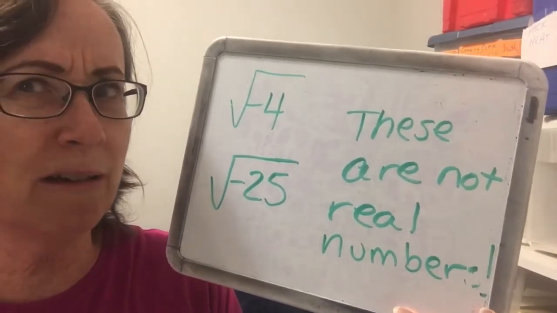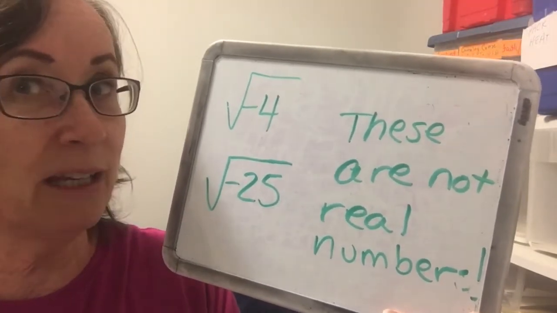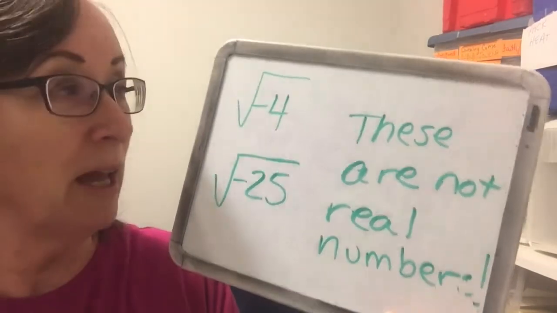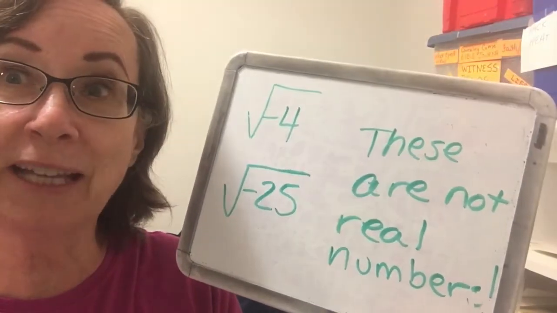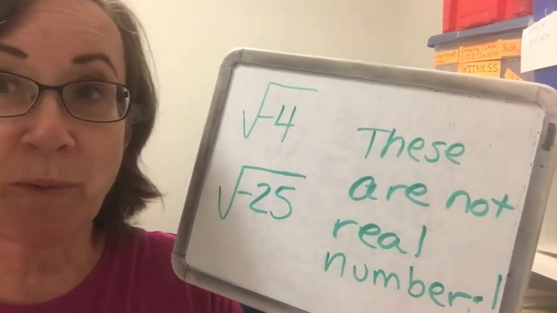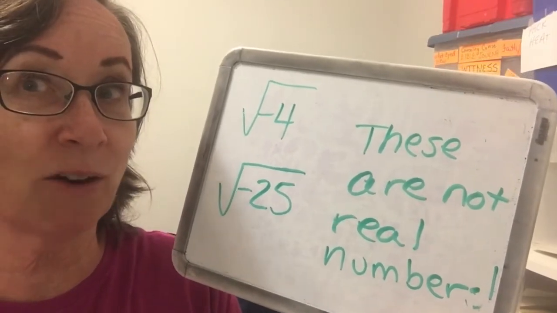That means you could not put these numbers on your real number line. You won't learn about these types of numbers till you get to Algebra 2 because they are called imaginary numbers. So, we're not going to deal with those right now. We're just going to know that they are not real numbers.